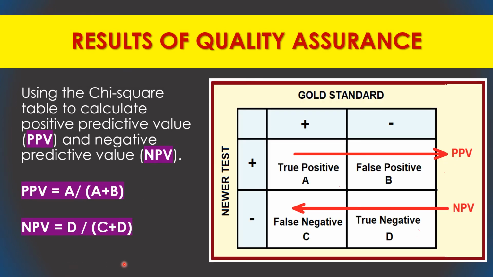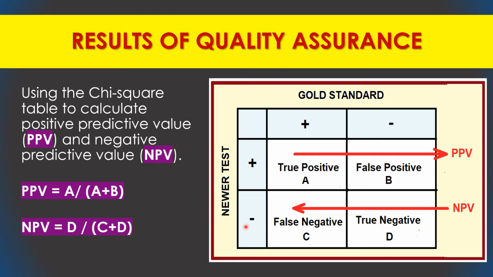So here is the chart. We have, like, omission error. This is the negative here, so we start from this direction. The true negative, which is D, divided by all the negatives diagnosed by the new test, the false negative and the true negative.